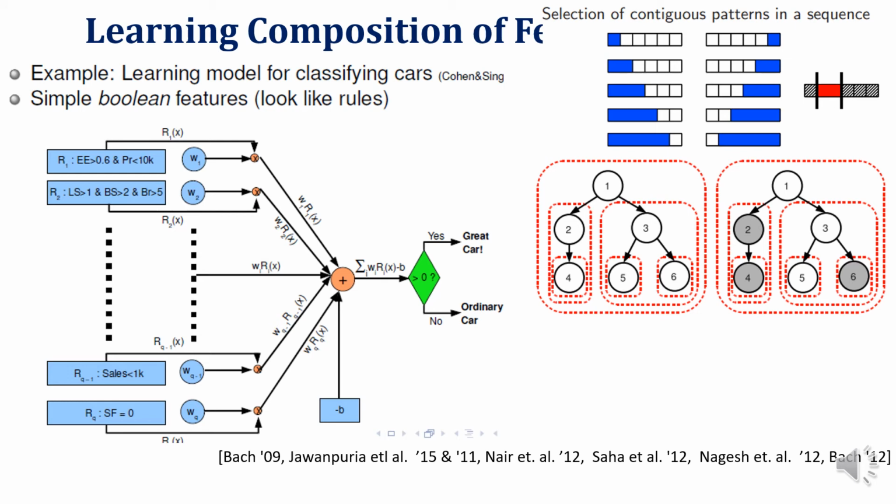Now, there has been significant work that has looked at learning compositions of features efficiently. For example, let's say we're trying to learn a model for classifying cars based on both simple Boolean features such as sales and price and a couple of other features, and their combinations, which is characterized largely here through conjunctions.